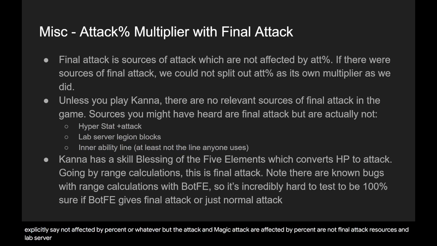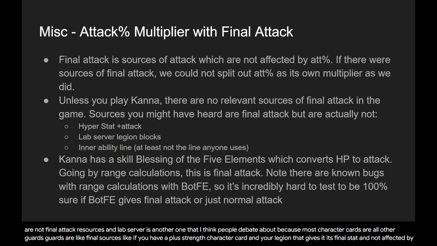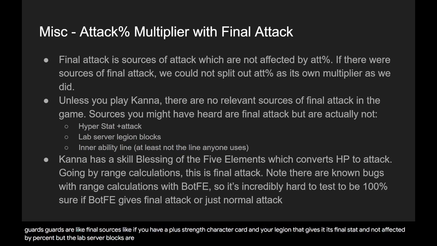Lab server is another one that I think people debate about, because most character cards, or all other character cards, are final sources. If you have a plus strength character card in your legion, that gives final stat, not affected by percent. But the lab server blocks are affected by percent attack, thanks to some guildies who helped me test this.